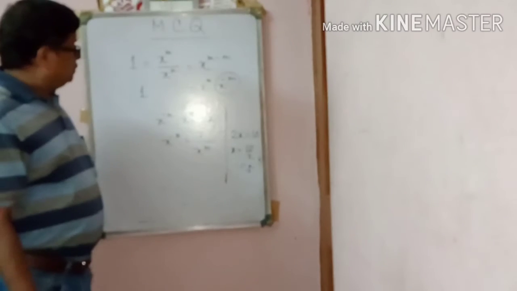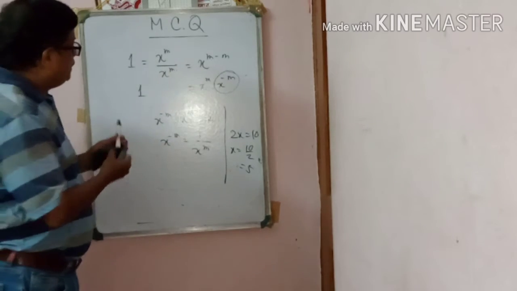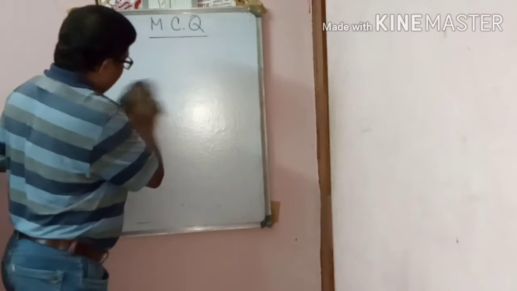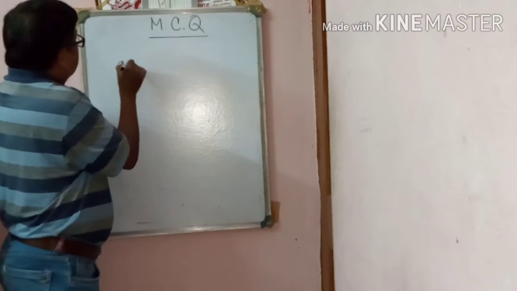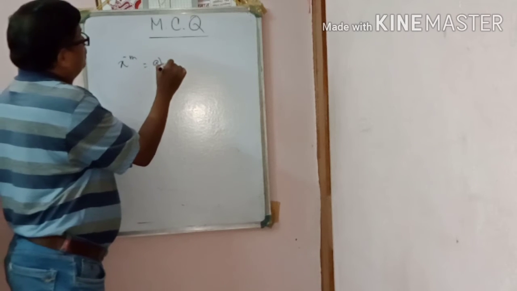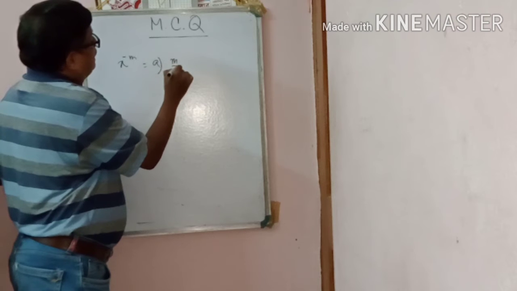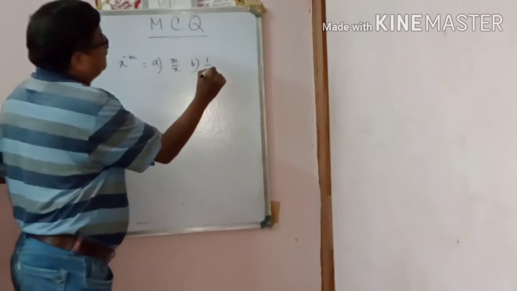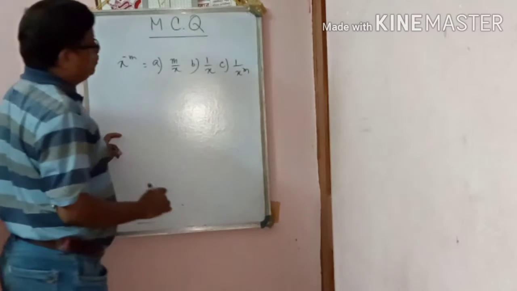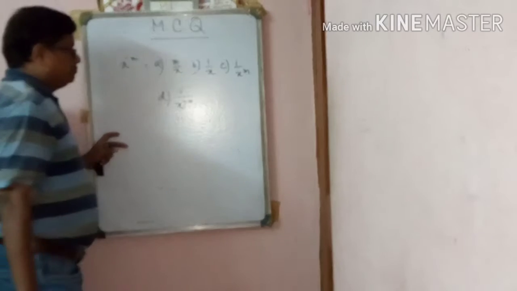Okay? Understood? Here also one MCQ type. Look at here. Suppose x to the power minus m is: a, m by x; b, 1 by x; c, 1 by x to the power m; d, 1 by x to the power minus m.